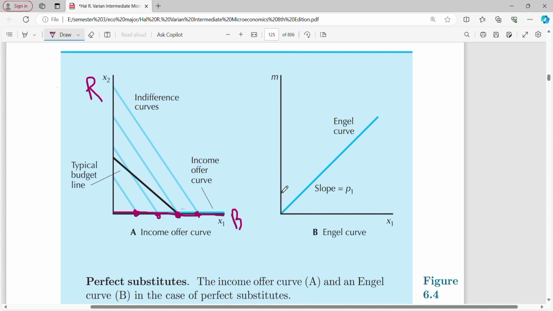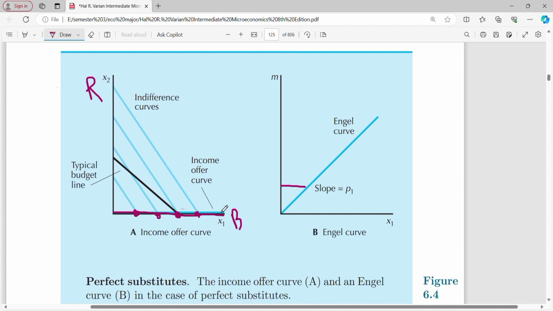And the demand, yes, here his demand is increasing, right? In the Engel curve, not the demand curve, the Engel curve, we do not look at whether he is buying x2 or not. We only look at whether he is spending more or not. Yes, his demand is increasing.